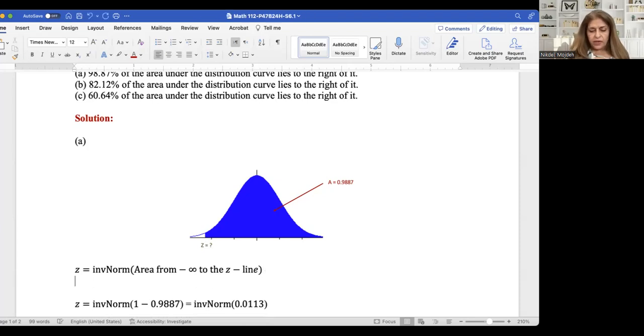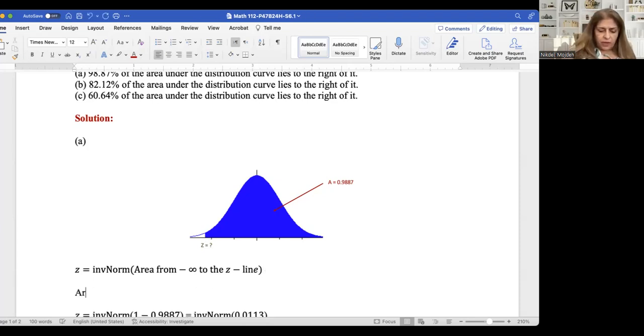Again, I say the area of the white plus the area of the blue should be equal to what?